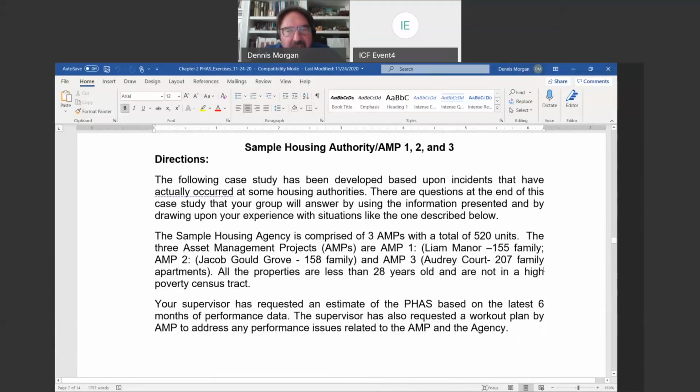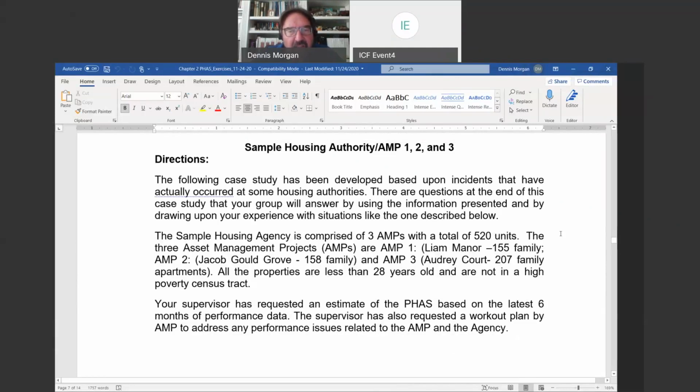This agency has a total of 520 units, so it's considered a large or a moderate size agency, but is subject to the additional protocol as relates to the 90 factor and the 80 factor and the 70 factors as well. Each year they're going to be evaluated under the FASS protocol, but it's also going to be based upon the weighted average of these AMPs.